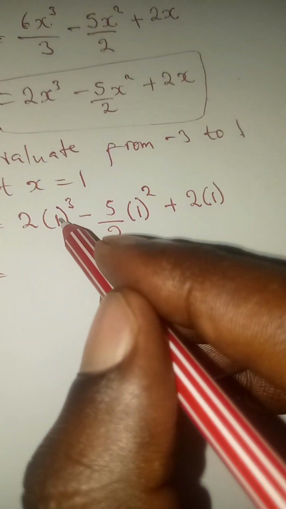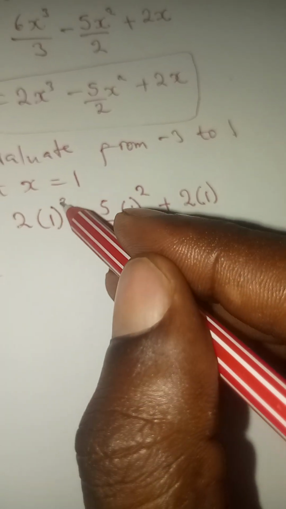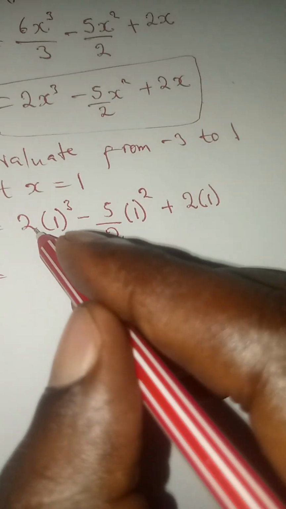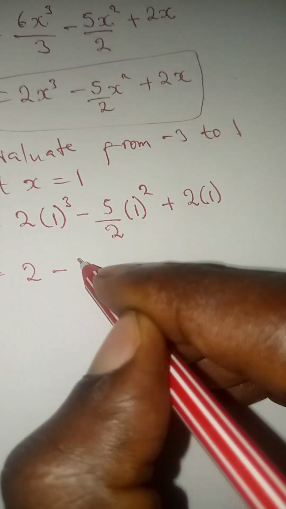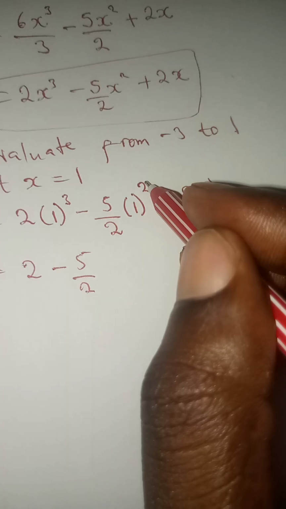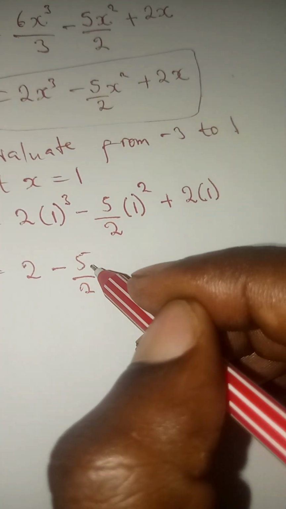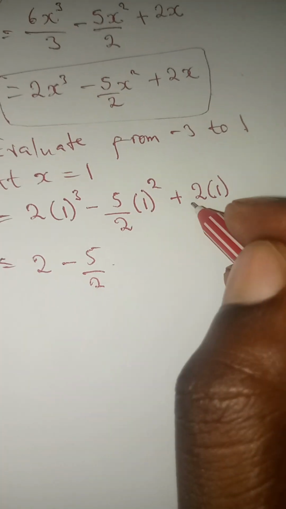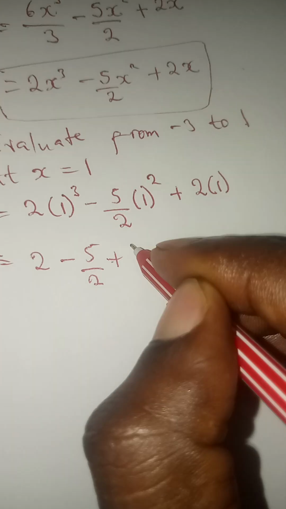Any number multiplied by 1 is just itself. So 1 to the power 3 is just 1, and 2 by 1 is 2, minus 5 over 2. 1 to the power 2 is 1, 1 times negative 5 is negative 5 over 2. Then 2 times 1 is 2.